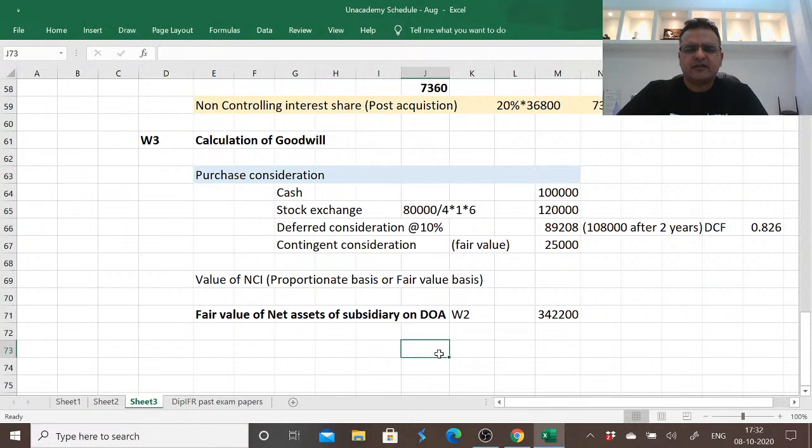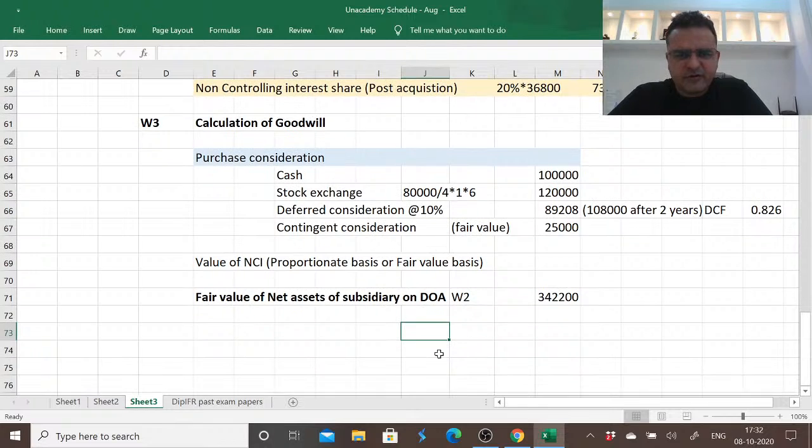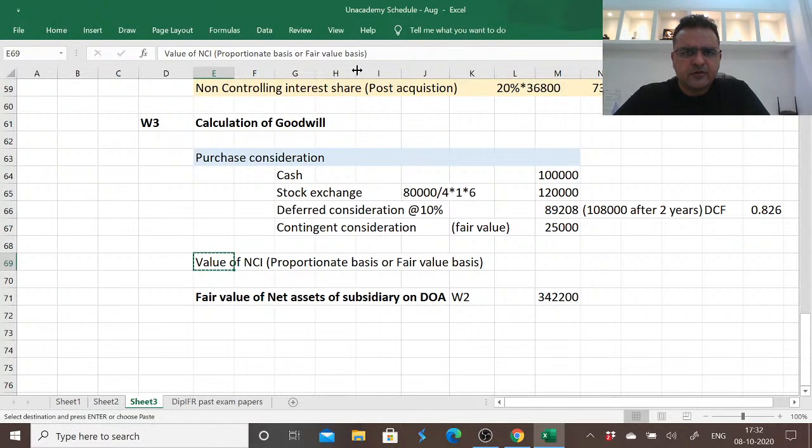Now value of NCI will be either on proportional basis or on fair value basis. Let's first try it on proportionate basis.